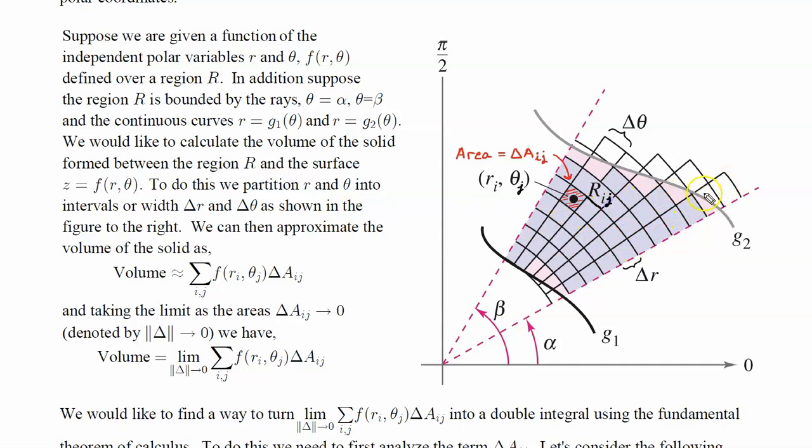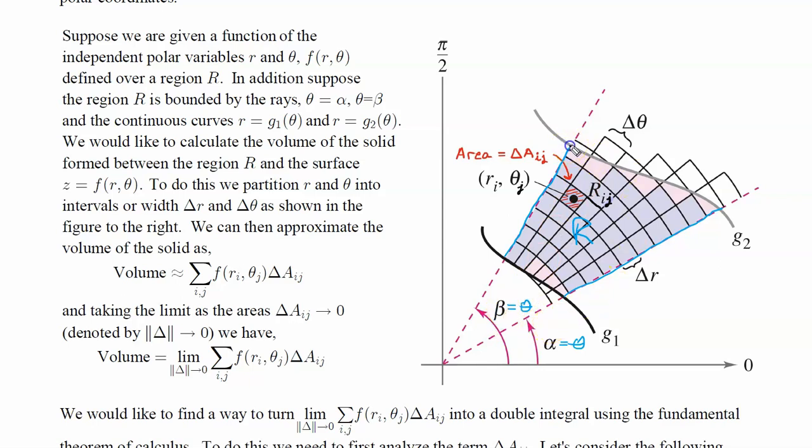Now in this diagram, we have a region R. Notice that we have these bounding curves. The first curve right here is theta equals alpha. This bounding curve right here is theta equals beta.